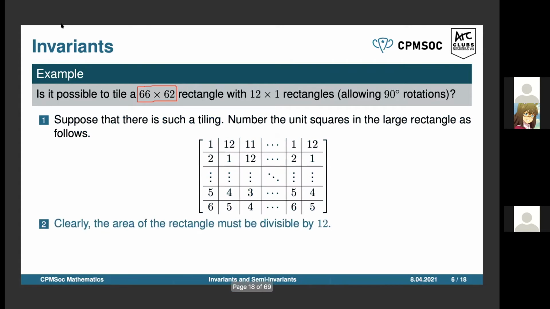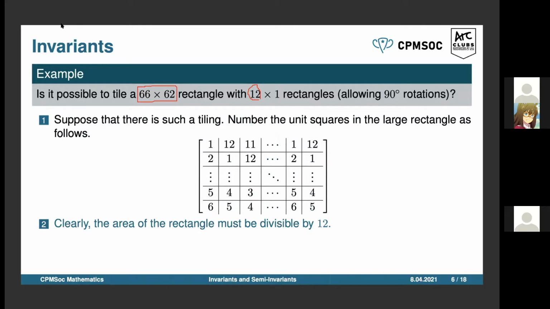Okay, so now we're doing something called the coloring of this whole rectangle, or you can also call it a numbering in this case, giving every square a number from 1 to 12. Using the fact that there's a 12 in this question, we'll number every unit square a number from 1 to 12, and it follows a certain pattern.